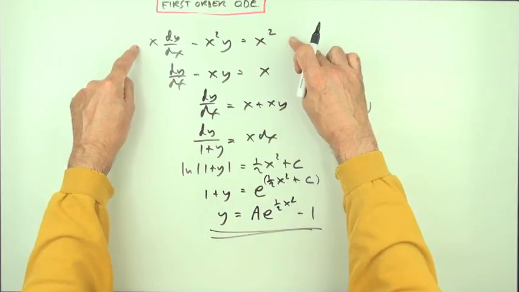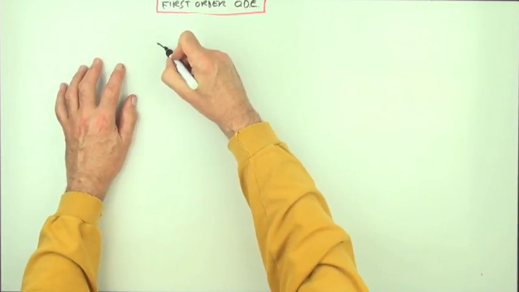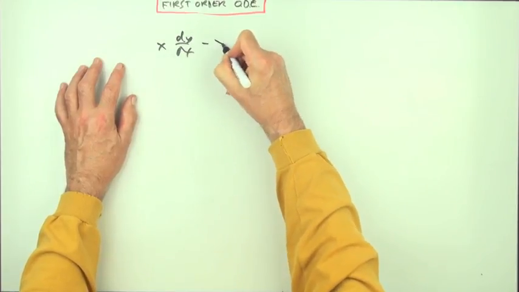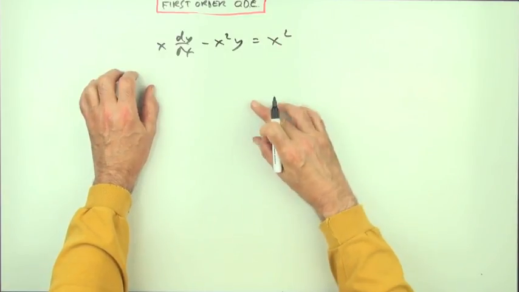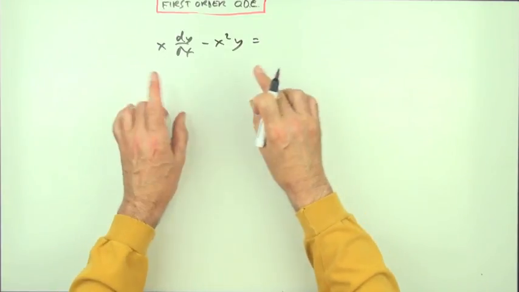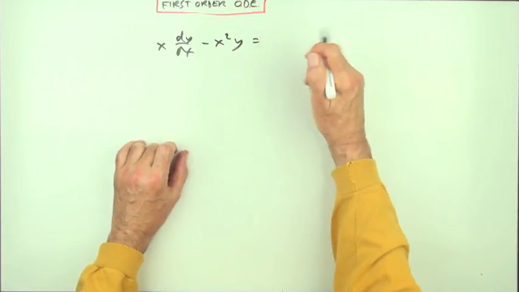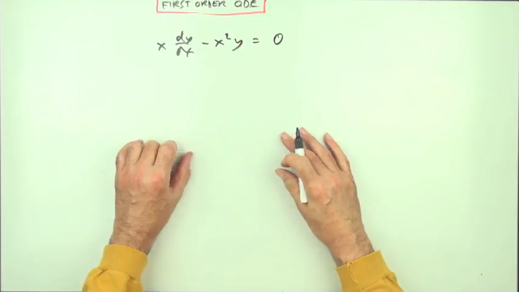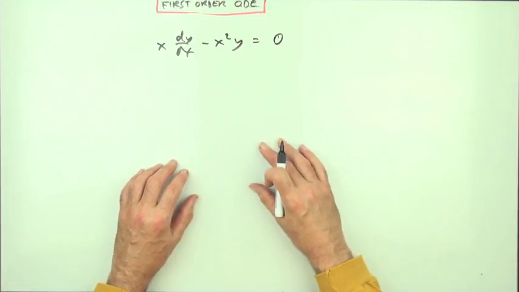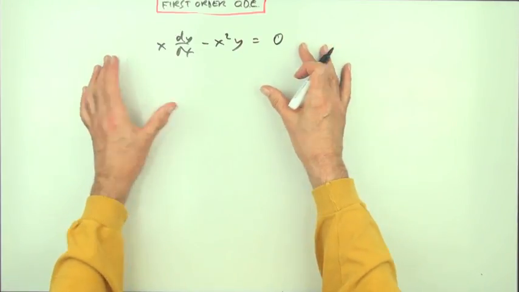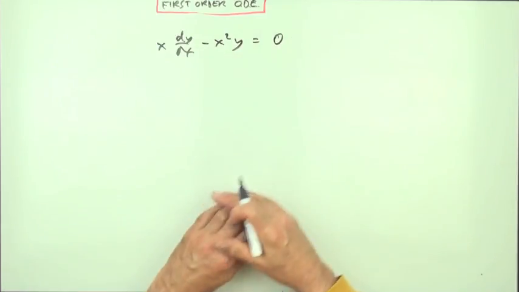So even though it was linear, you could still just separate the variables. Oh, one other thing. If that had been a homogeneous equation, in other words, there was no term that didn't mention a y, so that absolute constant term was missing, that's the homogeneous equation, then even if it is linear, it can always be solved by separating the variables, obviously, because that would just pop over the other side.